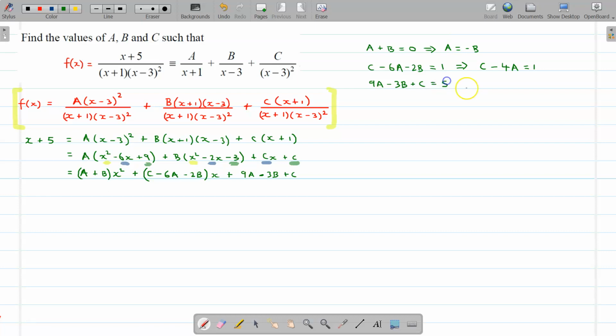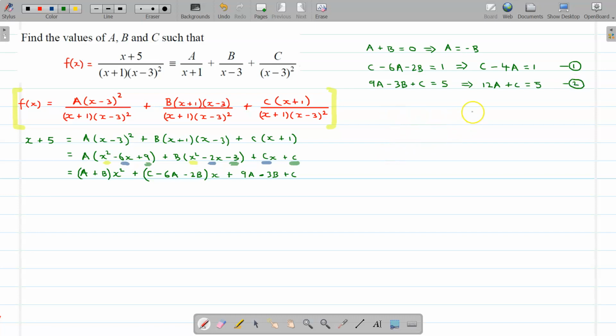And again, I could say that the minus 3b is the same as plus 3a, so therefore that's 12a plus c equals 5, using this fact here. Now if I just call those equations 1 and 2, I can solve them simultaneously.